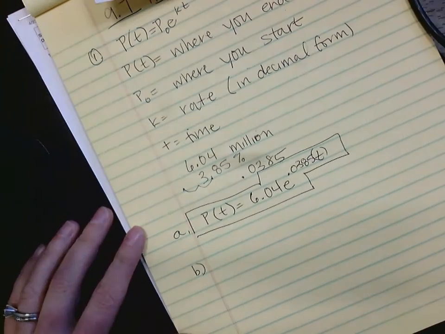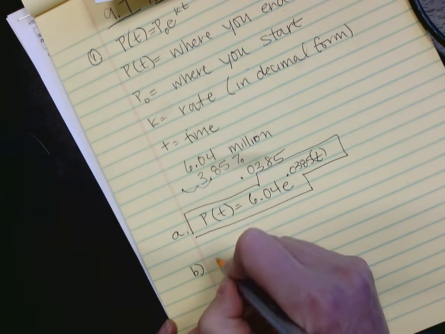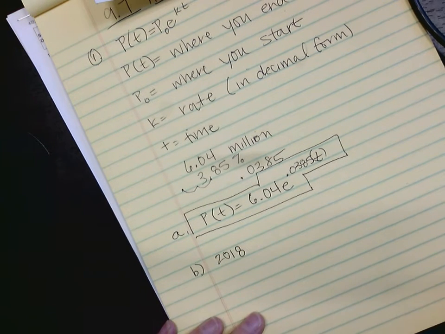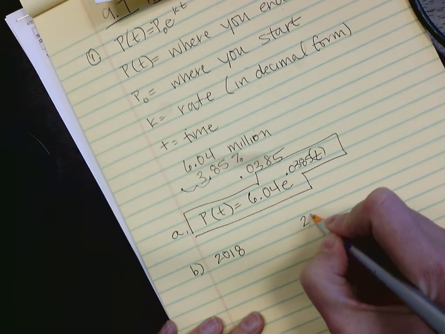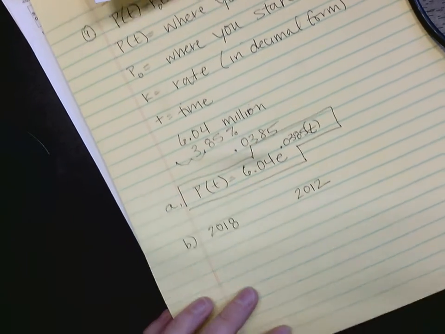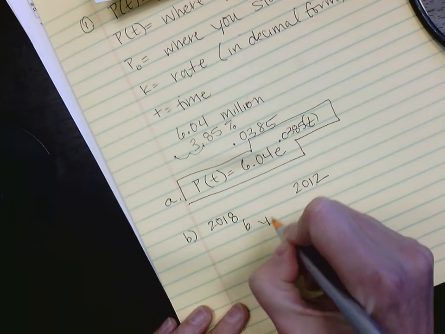The B part says the population of the city in 2018 is how many million? So in 2018 is what we're looking at. Well, if we started in 2012, how long has it been? So this gives me that it's been 6 years.